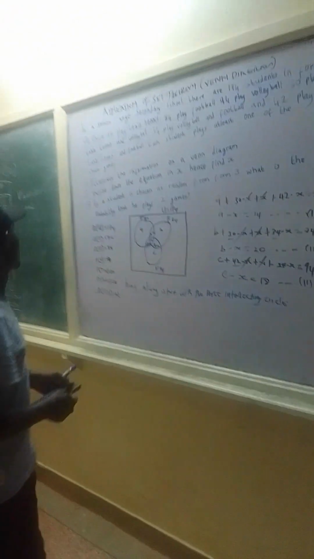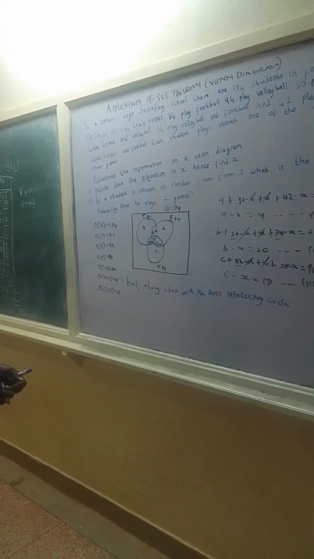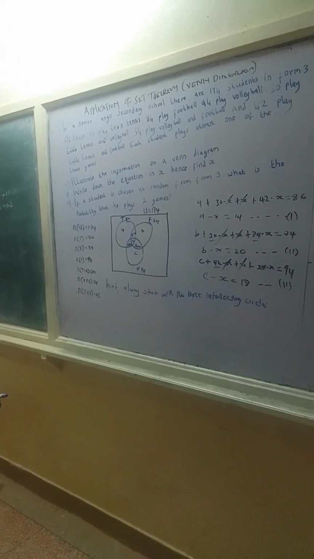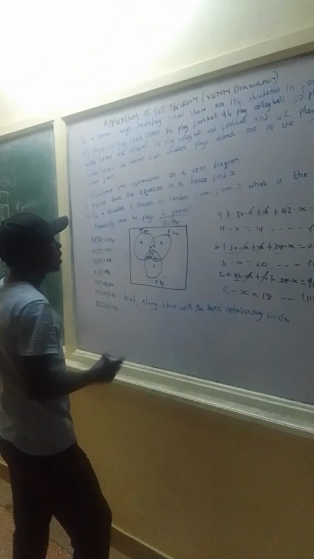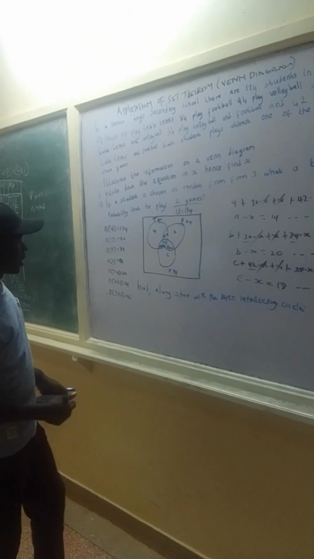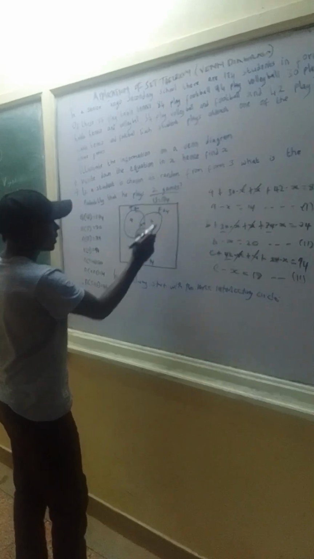Then we go to, if the student is chosen at random from a form 3, what is the probability that he plays 2 games? So for 2 games, you can see here is 30 minus x.